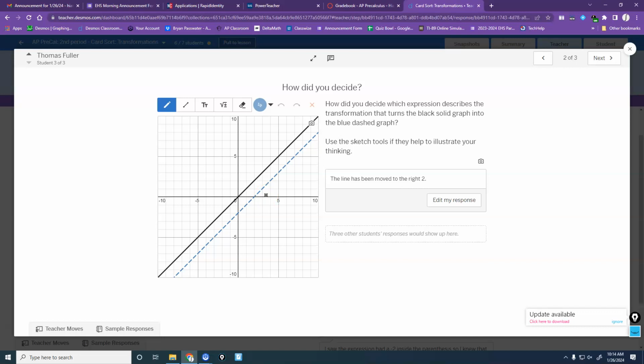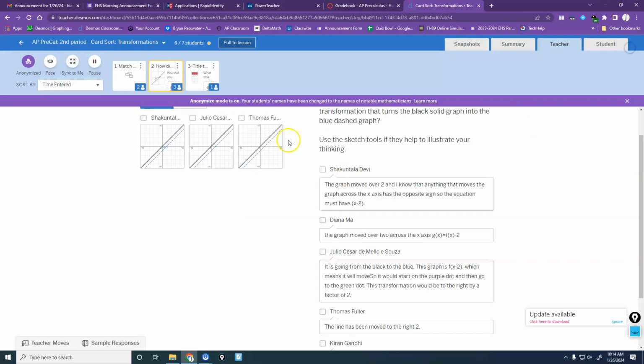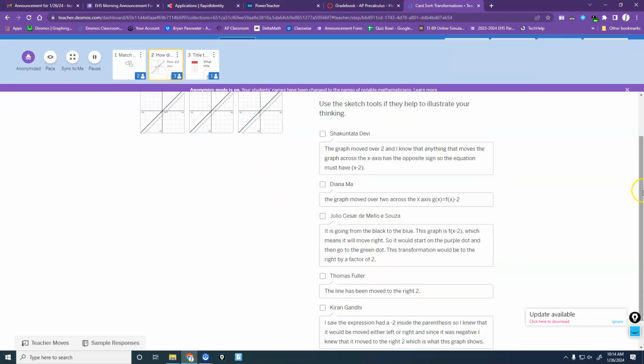With straight lines, depending on the slope, a vertical shift or a horizontal shift could be the same thing. For this one, because your slope was just 1, the down 2 and the right 2 are the same. If you had a negative slope or a slope of 1/2, it changes it. So both of those can be right at the same time.